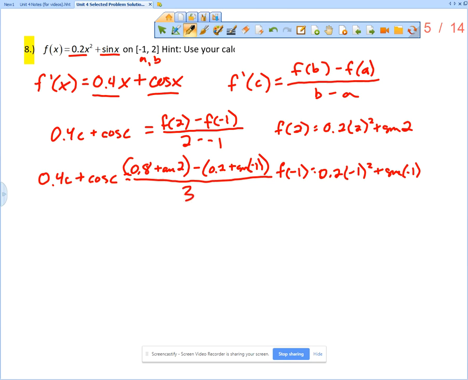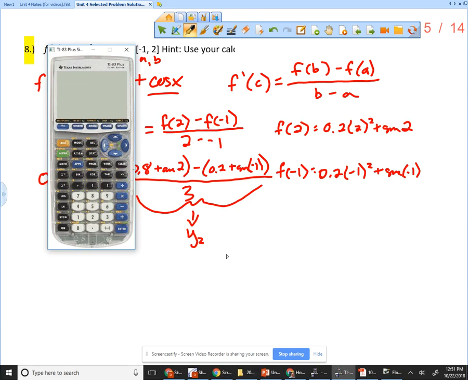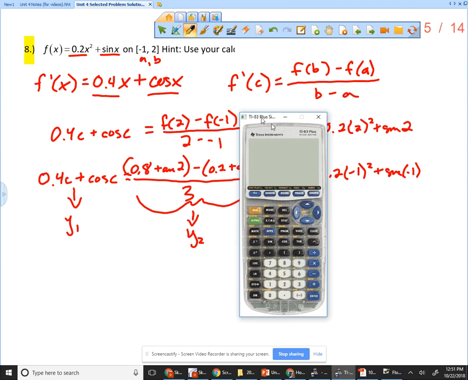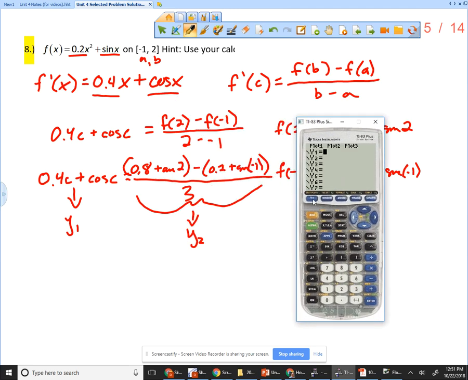Now I'm going to solve using my calculator. I'm going to type the following into my calculator. I'm going to put this as y1 and this other thing as y2, and then set them equal to each other and solve. In y equals, in y1 I'm going to type 0.4x plus the cosine of x.